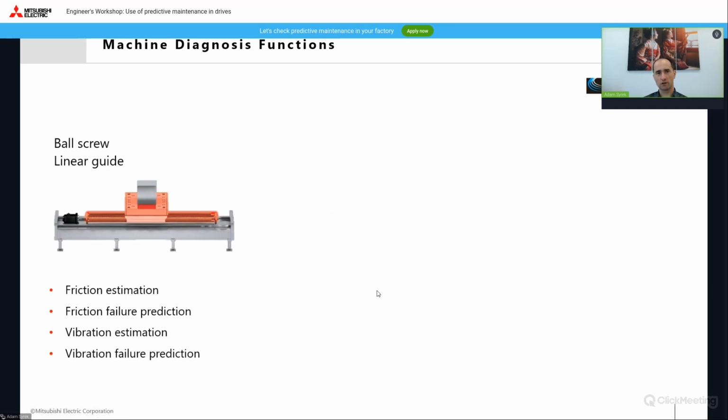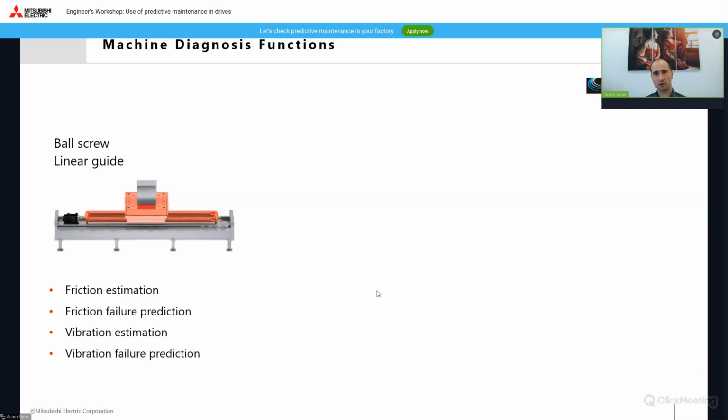We have a few functions related to the machine diagnosis function that Adrian and Błażej showed in the animation, but I will go a little bit deeper. First, two mechanical systems that we can diagnose are a ball screw and its linear guide.